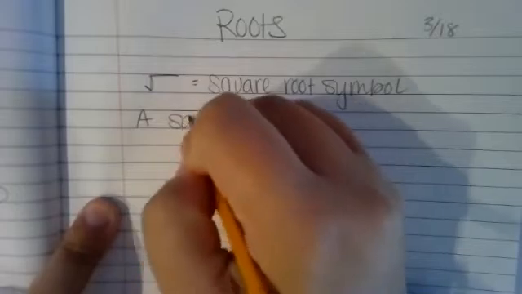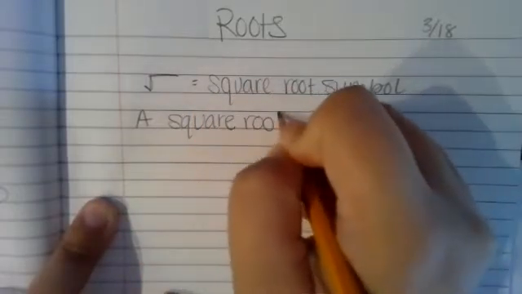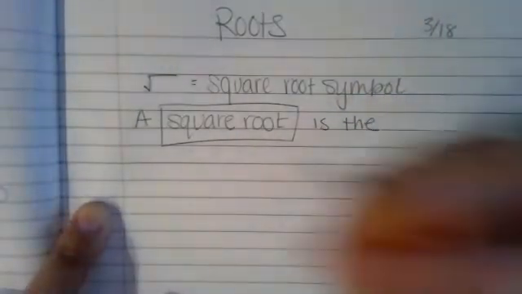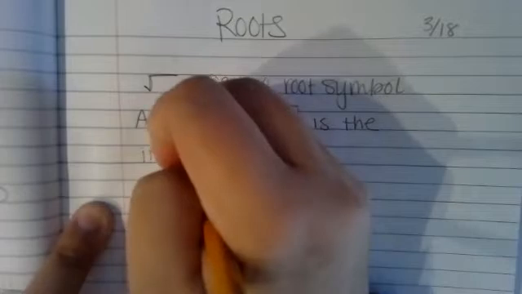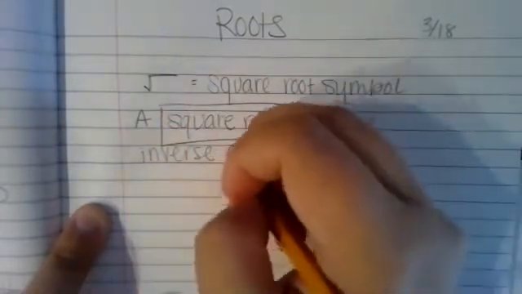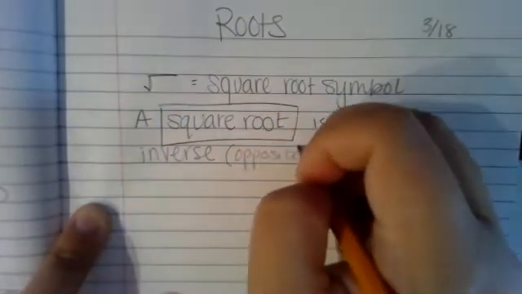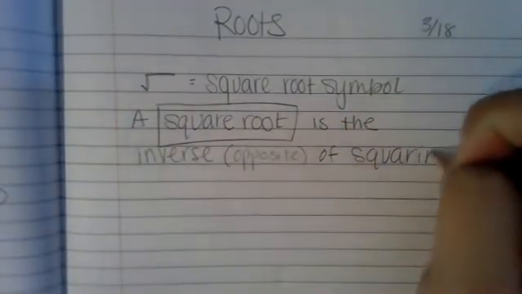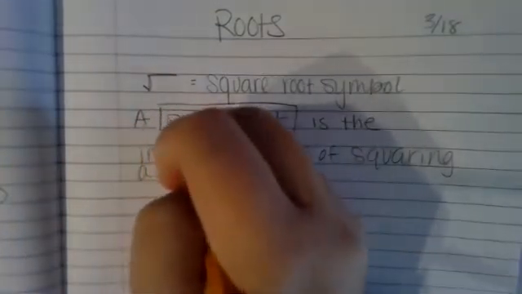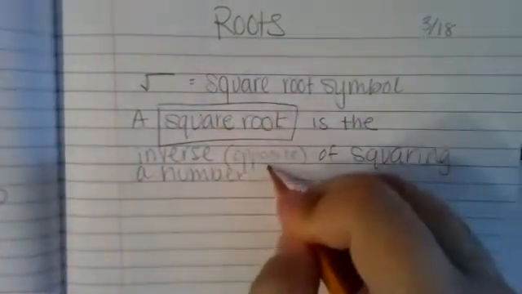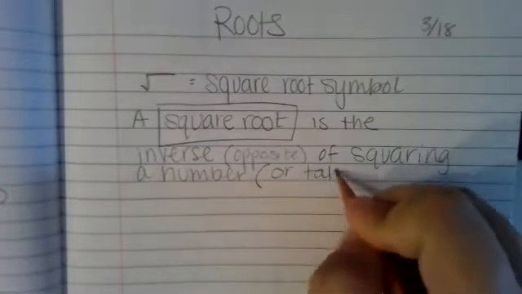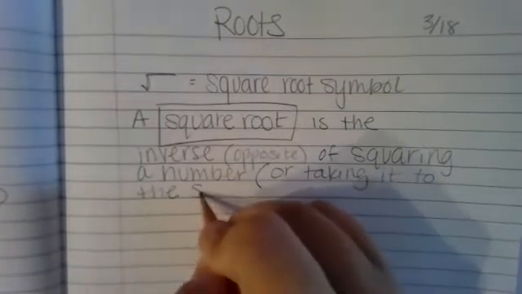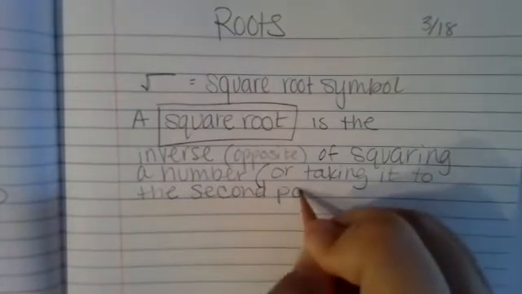A square root is the inverse. Inverse means opposite of squaring a number, or taking it to the second power.